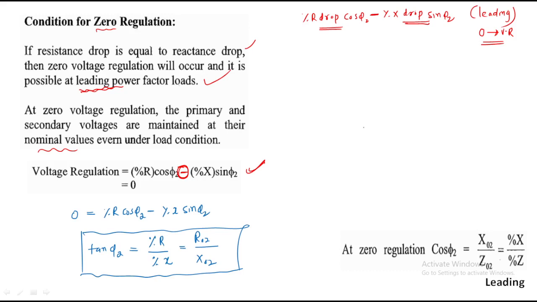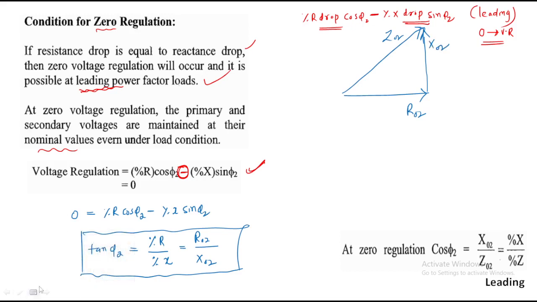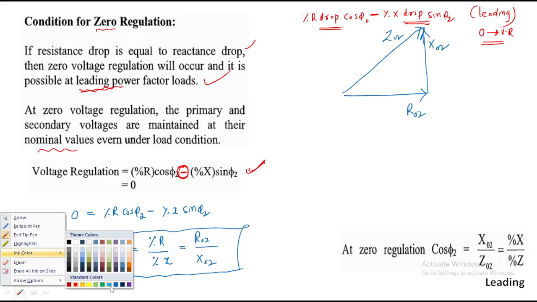So what is the power triangle? We all know the power triangle. With respect to this, this is Z02, this is R02, this is X02, and the phase angle we have to provide is phi 2.